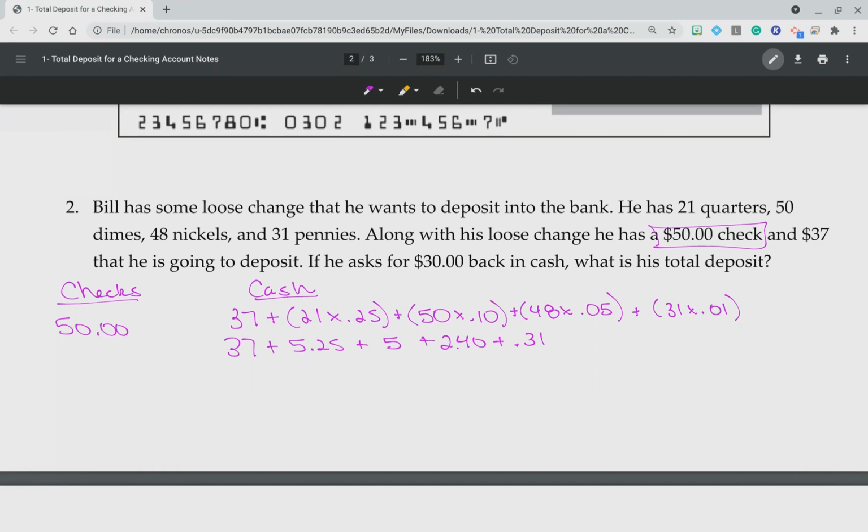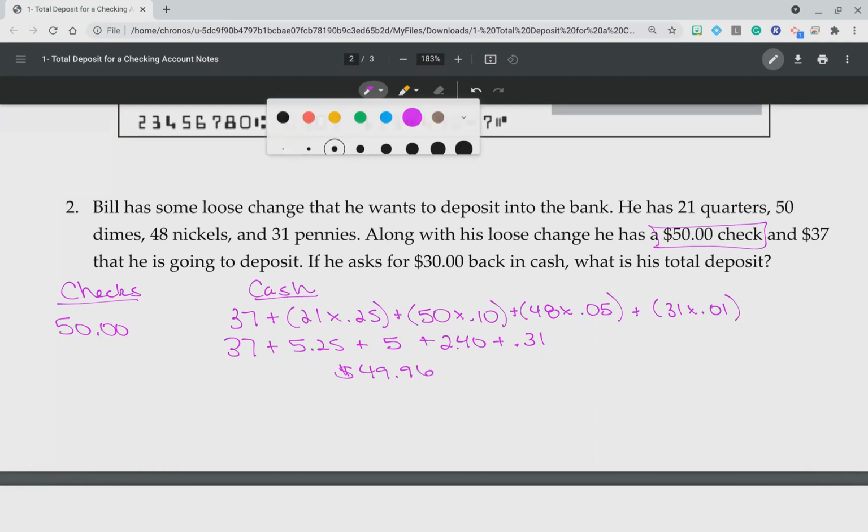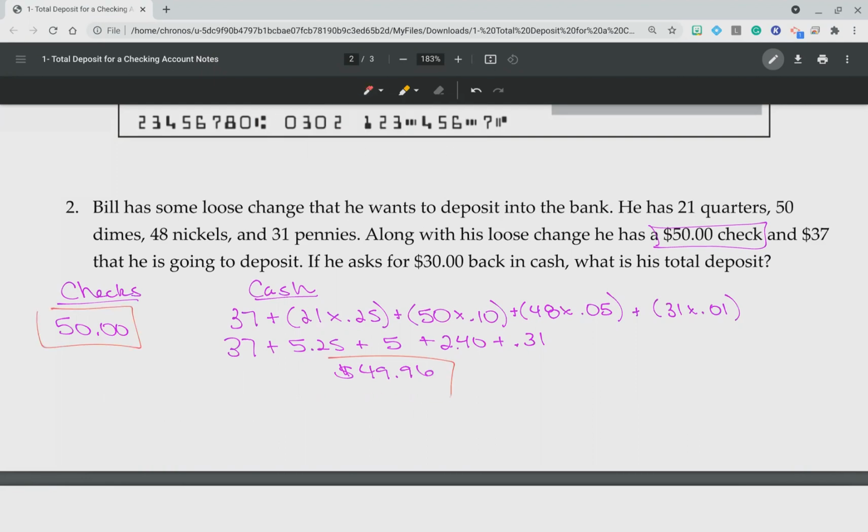So we have 37 plus $5.25 plus $5 plus $2.40 plus 31 cents is $49.96. So I'm going to take my total checks and my total cash to find my total deposit. So $49.96 plus 50 is $99.96. Actually, we won't call that the total deposit. We'll just call it the deposit because we still have to figure out that less cash.